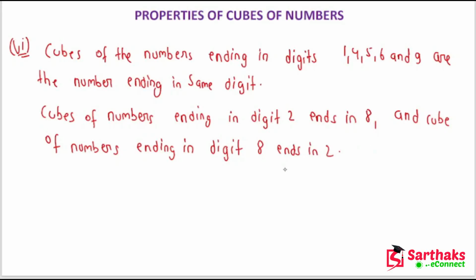So the cube of numbers ending in digit 8 will end at 2.